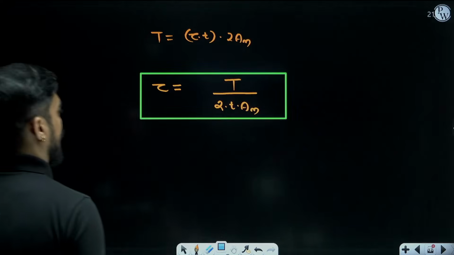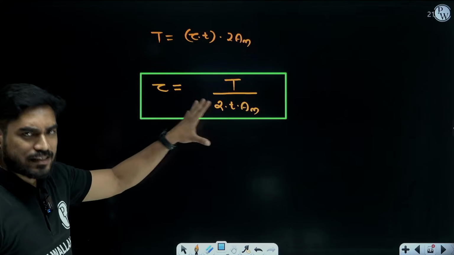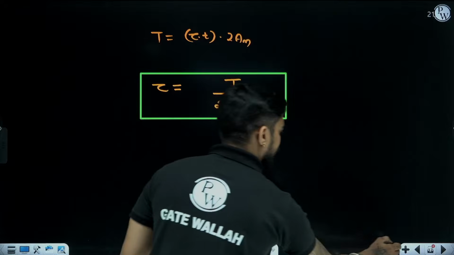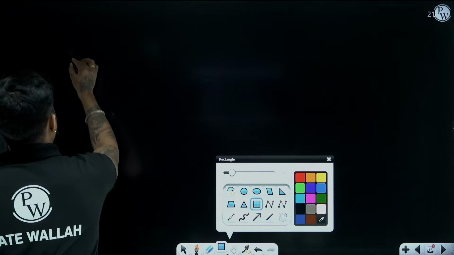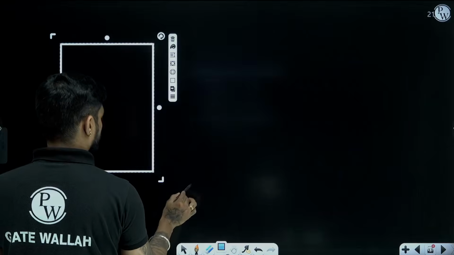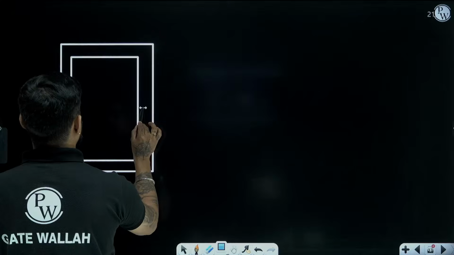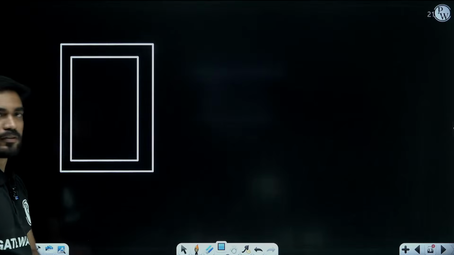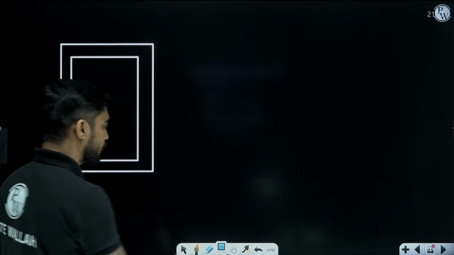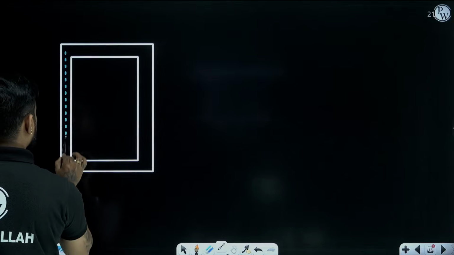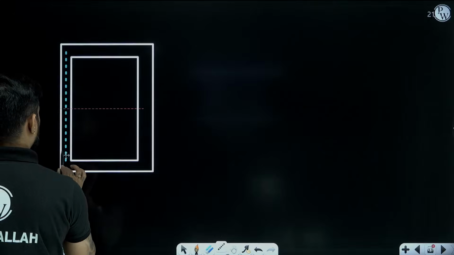How are we going to use this equation? Let's say you want to calculate the shear stress in some thin walled member. Let's say this is the closed thin walled section and we want to calculate tau in this cross section. So what are we going to do? First, we will draw the center line.